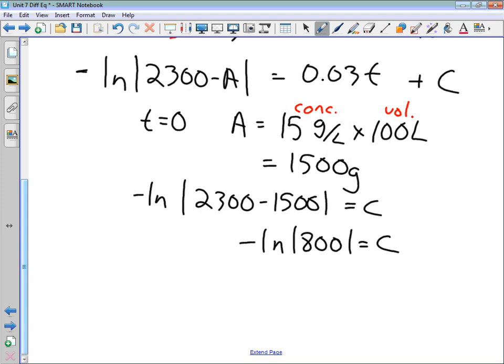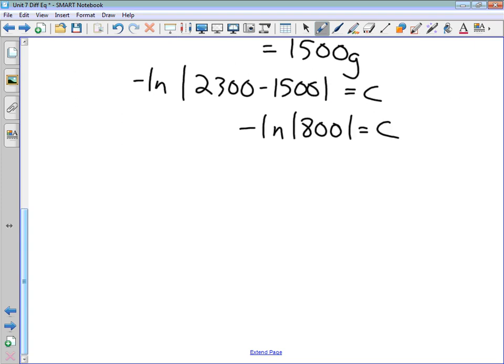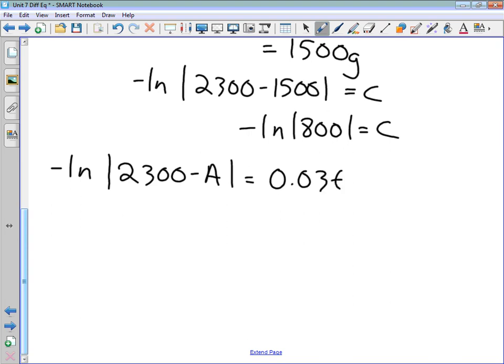So what are we trying to find here? Well, we've got our equation here. We can sort of put all this together. Negative ln(2,300 minus A) equals 0.03 t minus our constant of integration, ln 800. Okay. We want to come up with an equation for A as a function of t.